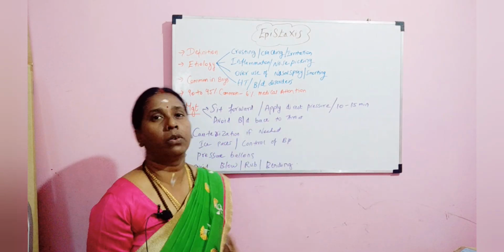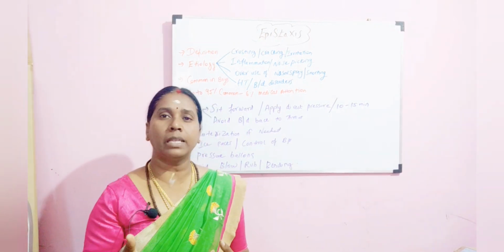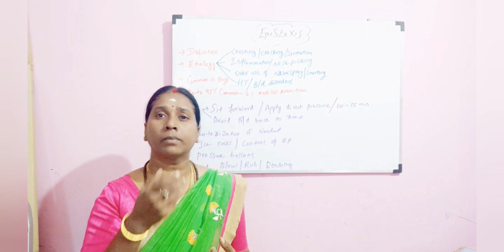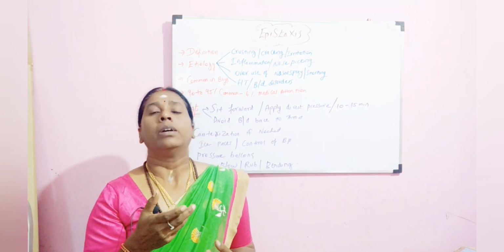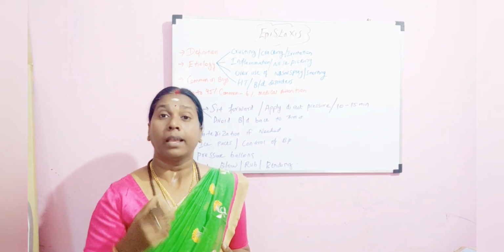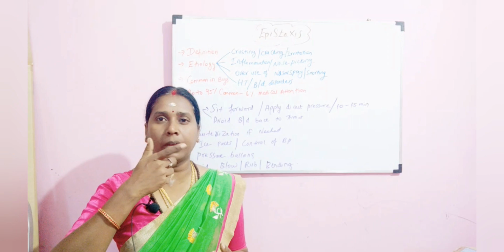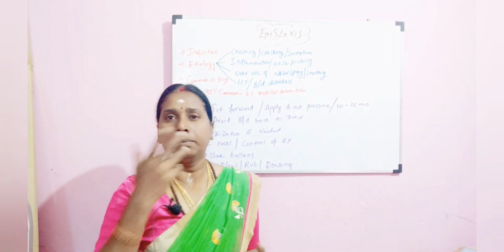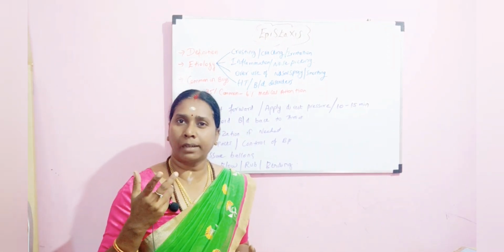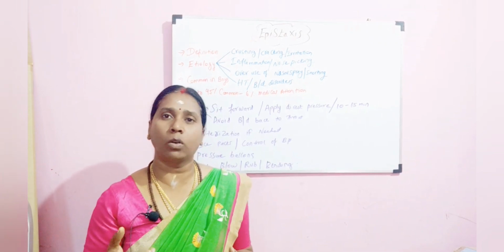And then overuse of nasal sprays. When there is a nasal block, you use nasal sprays and small inhalers to make your respiratory passage clear. All these can cause dryness of the skin and cause bleeding.